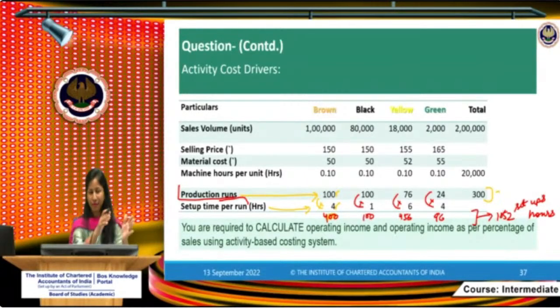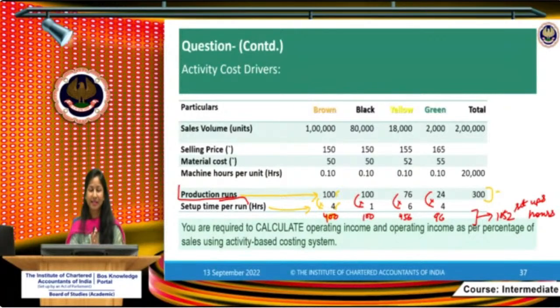Obviously, because they have different colors, you cannot manufacture them simultaneously or together. You need to change the production line. Only after one lot of production you need to change it, clean the dye, then you can shift to the different color. You need to fill the different colors. So it is changing. That is the meaning of physical changeover.